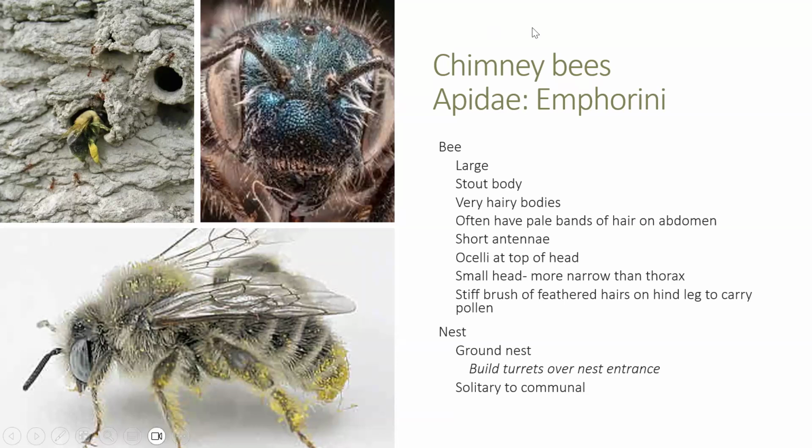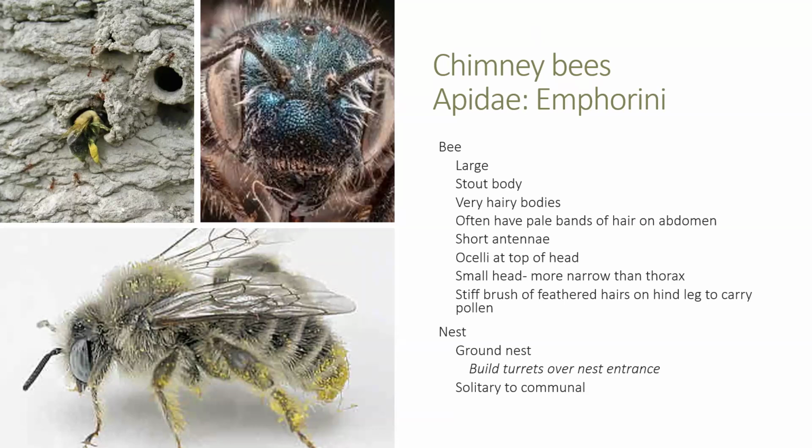And that's essentially how some insects can detect light level changes. So these are going to have a head that is more narrow than their thorax. And then on the hind legs, they are going to have that stiff brush of hairs to carry the pollen.